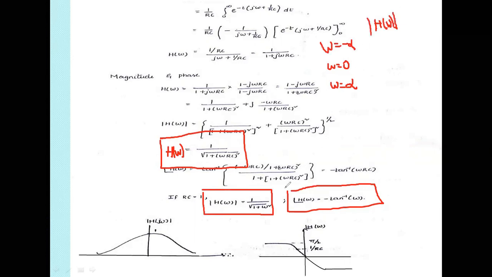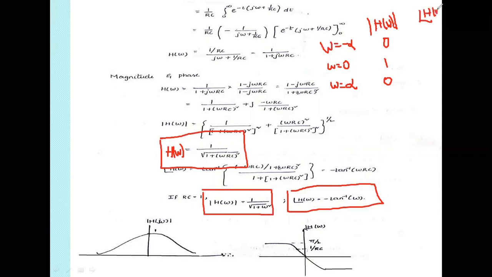The magnitude when omega is infinite means 1 by 1 plus infinite, 1 plus infinite means infinite, 1 by infinite is 0. Omega is equal to 0 gives 1, and minus infinite is also 0.